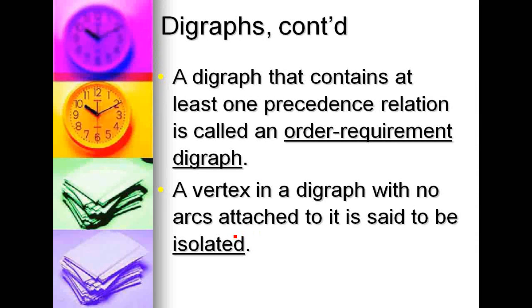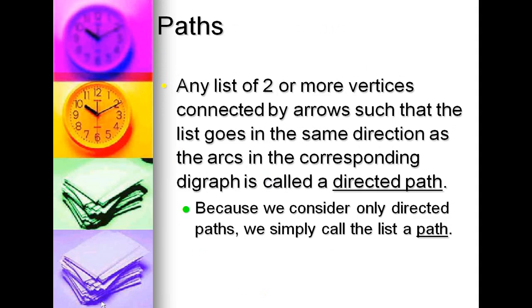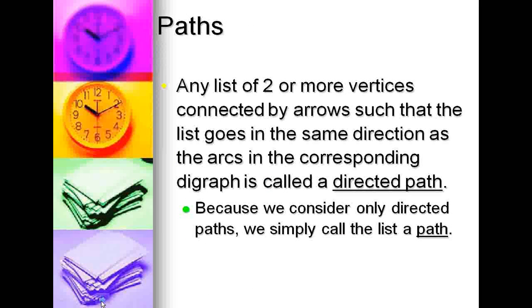So put on a shirt is independent and it's called isolated. So before we learned that a path has to be two or more vertices and they have to be connected. So we have a path that has two or more vertices on a directed graph is called a directed path. But again, we just call that a plain old path.